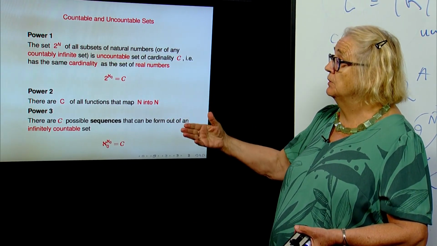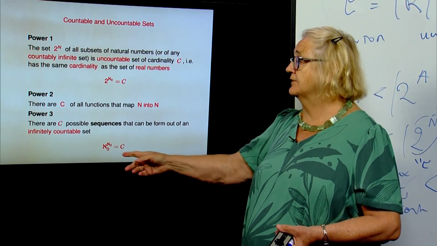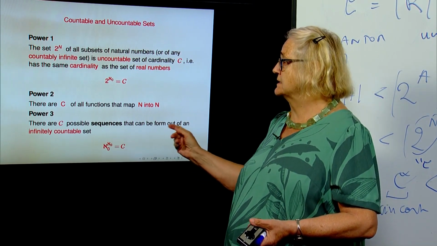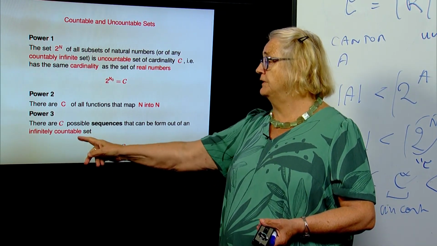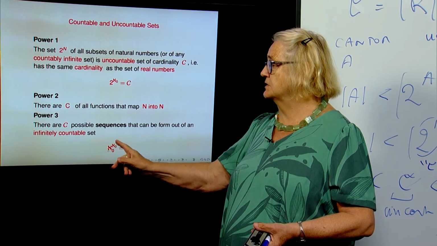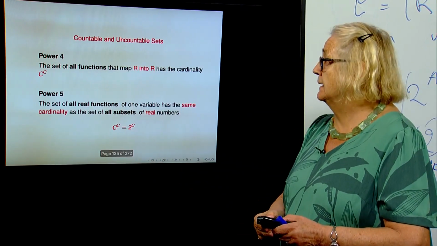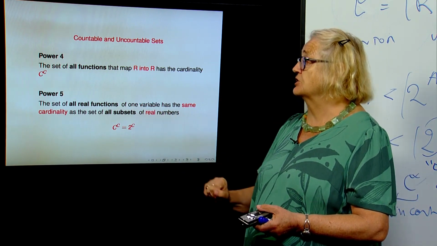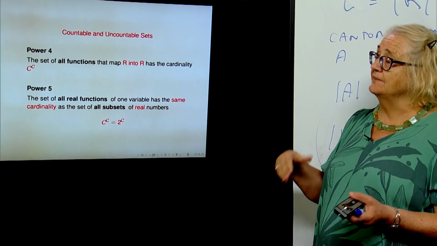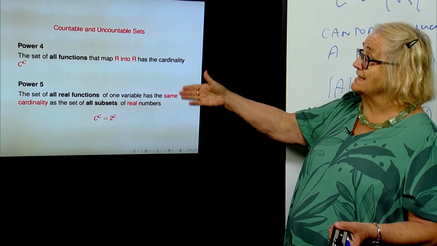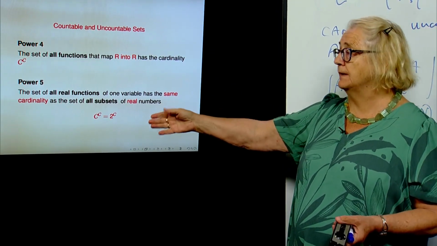So in particular, the set of all possible sequences that can be formed from infinitely countable sets, which is Aleph 0 to the power Aleph 0, is continuum, and the set of all real functions of one variable has the same cardinality as the set of all subsets of real numbers.